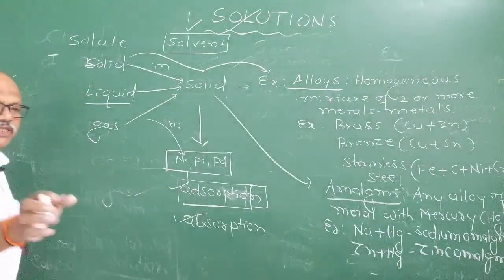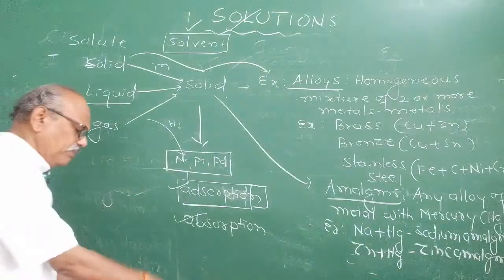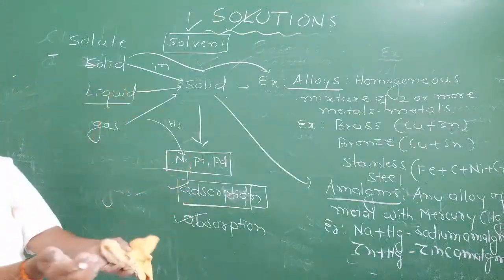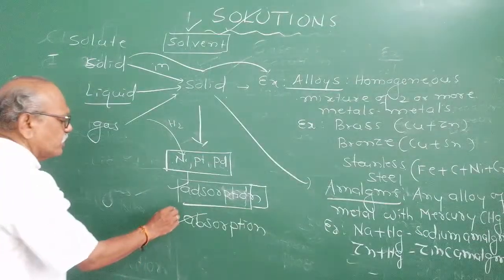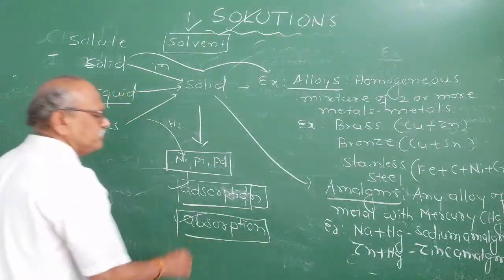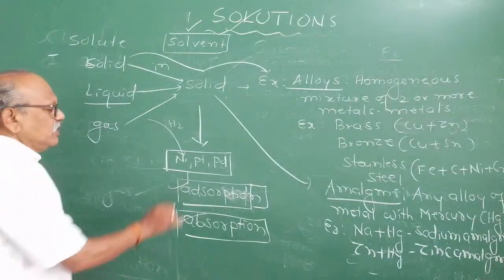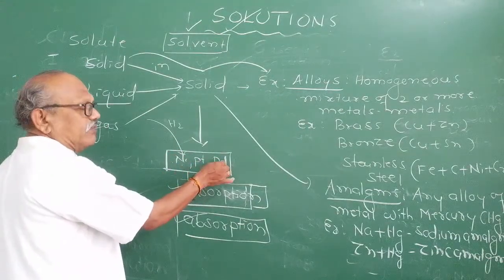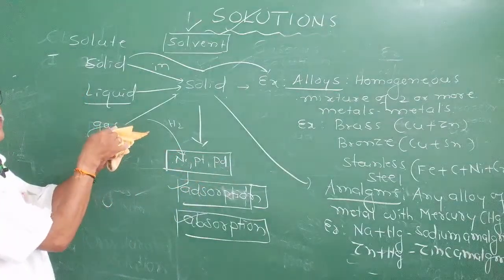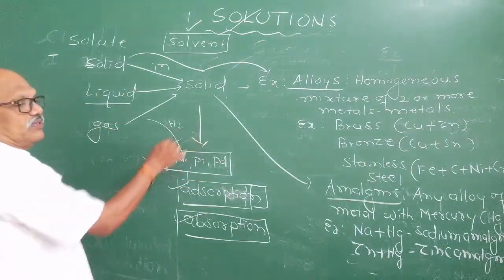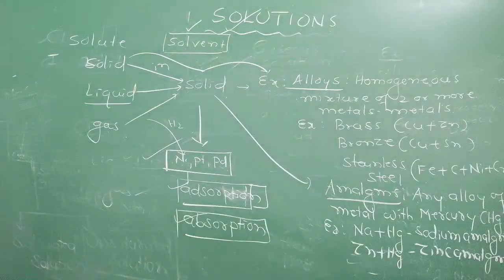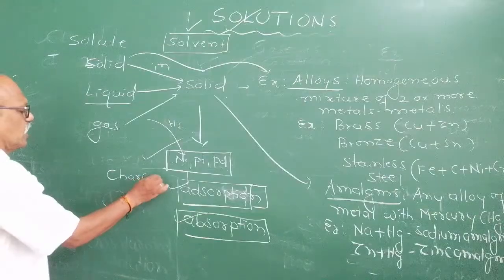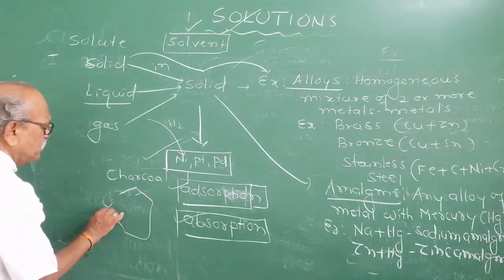Absorption means a sponge in water. You take a sponge and dip it in water. The water molecules will completely enter into all parts of the bulk of that sponge. That is called absorption. Clear to you? This hydrogen gas on the surface of nickel, platinum, palladium will be adhered only on the surface. That is called adsorption. Right? Then you must have seen charcoal. Charcoal will have small pieces over it.